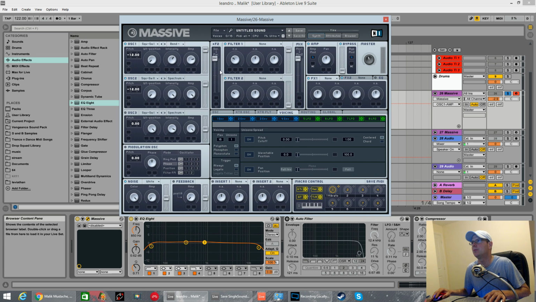Just pull the amp down a little bit. The other one we keep on spectrum, intensity on full. Doesn't sound like anything at the minute. Sounds like a phasey, squelchy square wave, which is a bit crap.